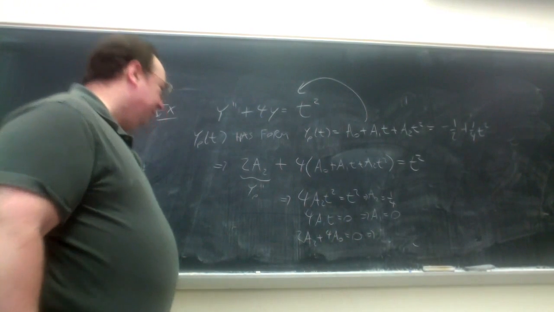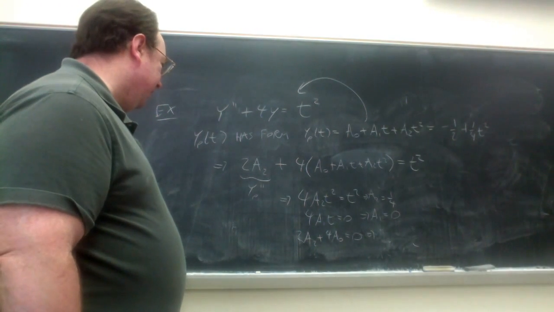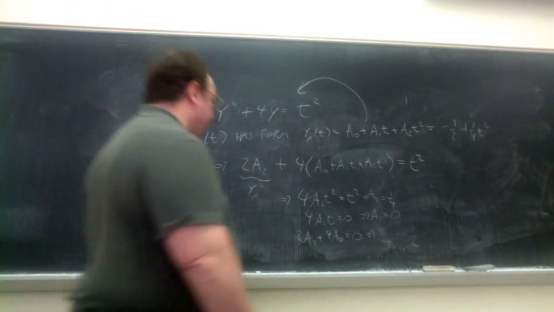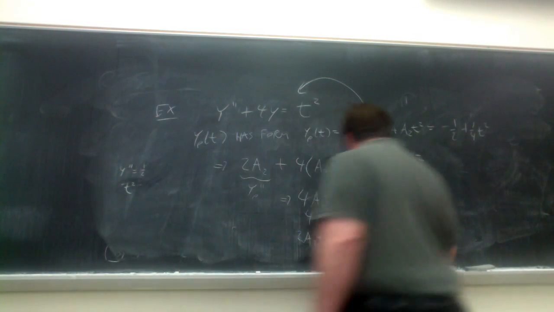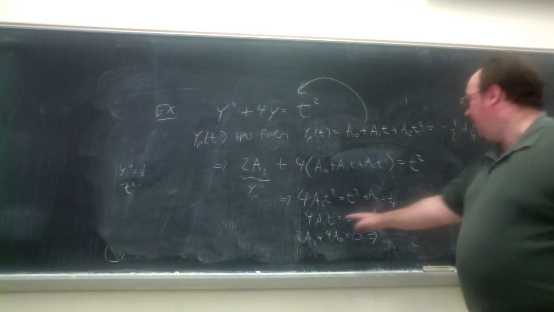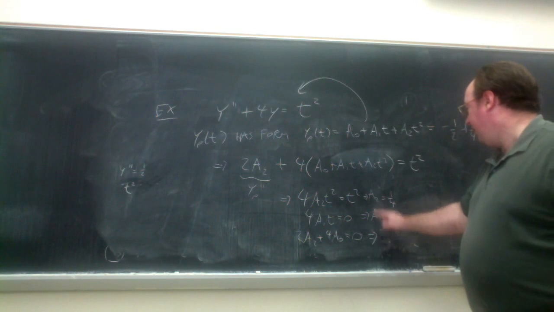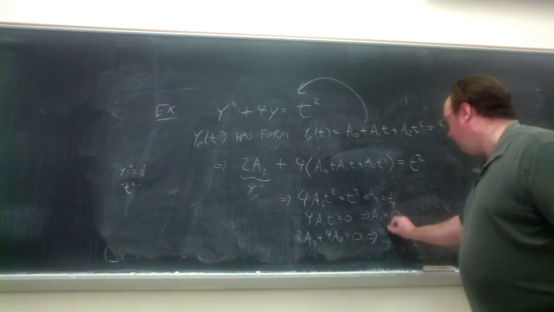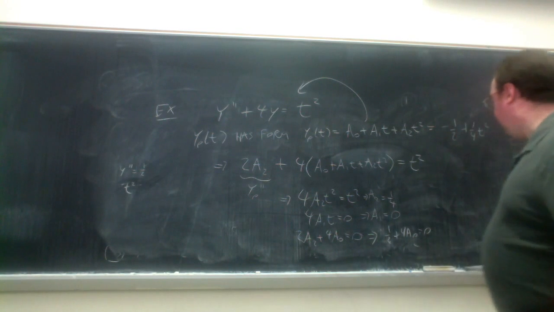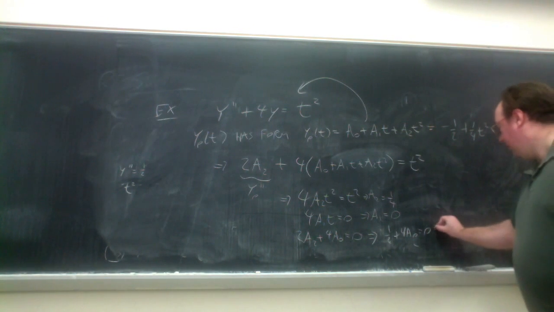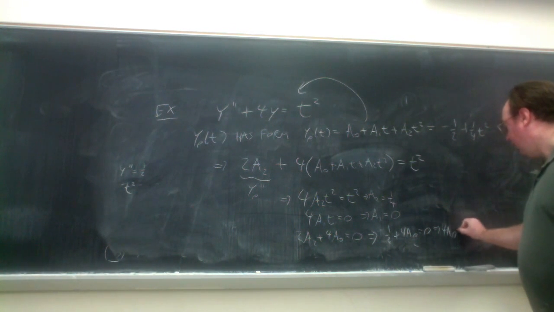Okay, you've all left, but I've just realized that I messed up here. I substituted the wrong thing. So what we have here, I'll fix the video, is in the third equation, 1/2 plus 4a0 is equal to 0. So 4a0 is equal to minus 1/2.